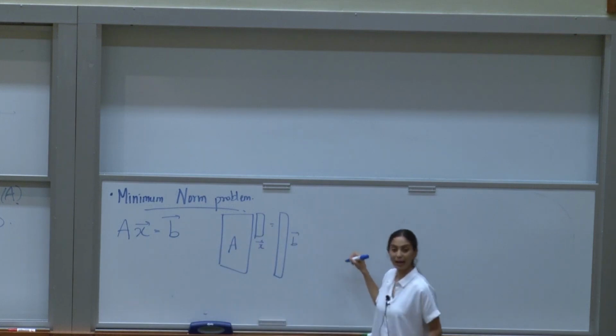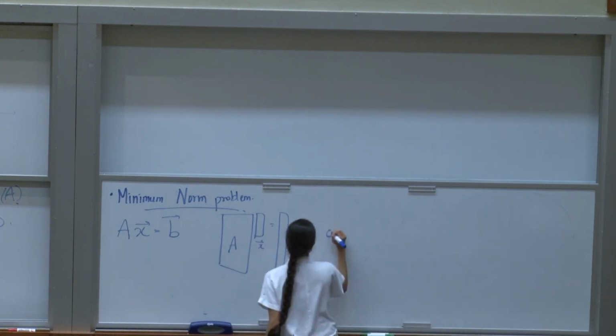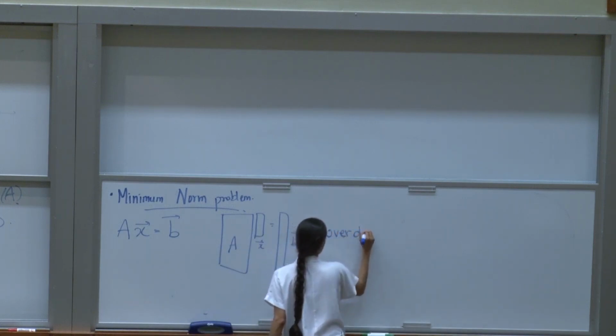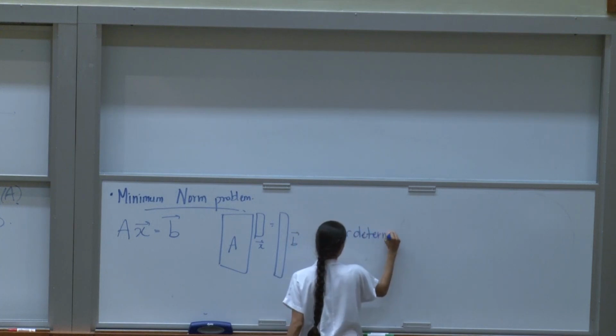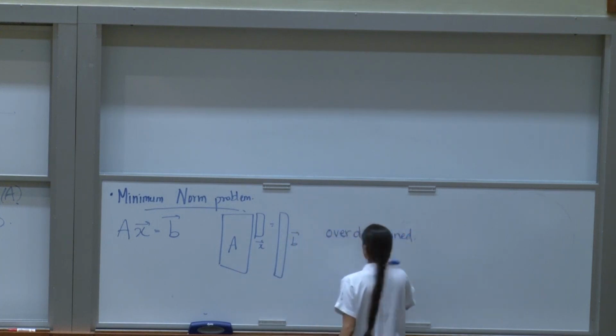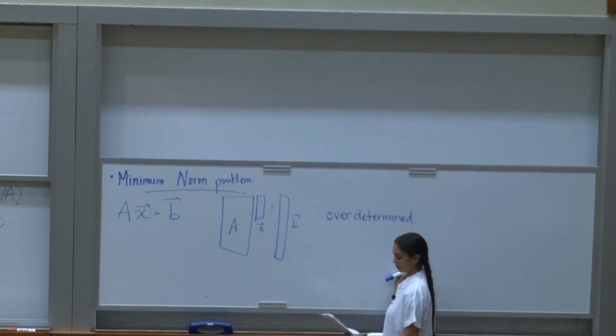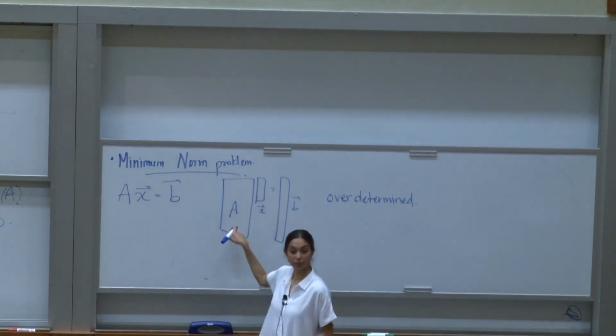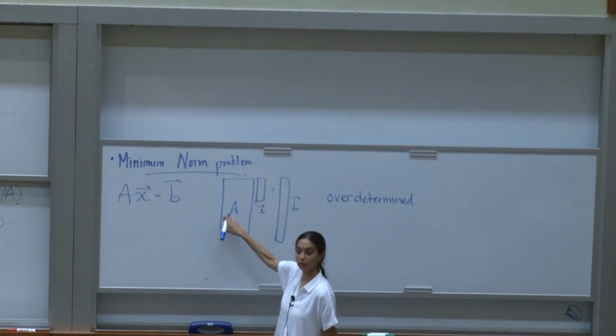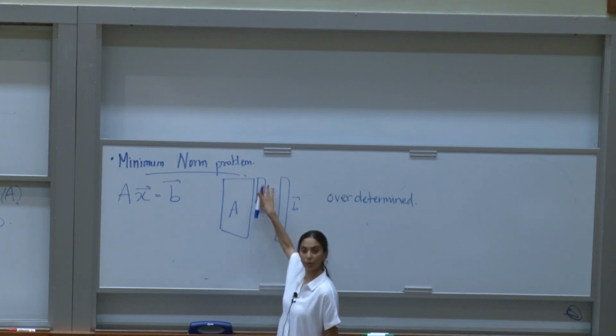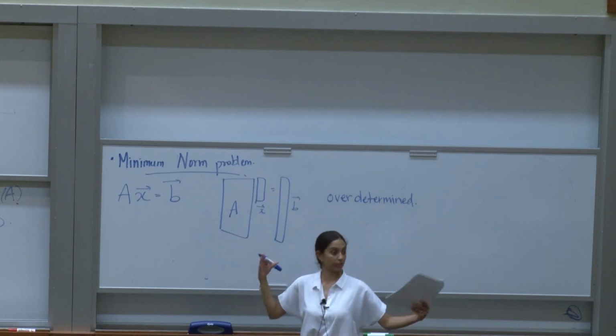So basically what I have here is an overdetermined system. I have lots of measurements. x is my unknown. I have lots of measurements about my unknown vector x, and there's more equations than I have unknowns.